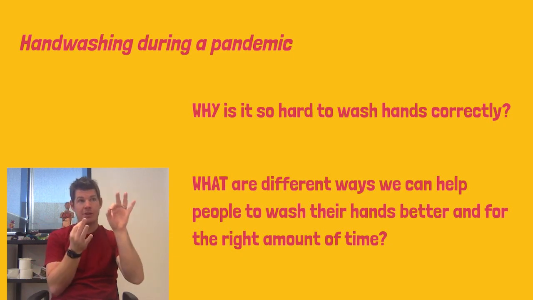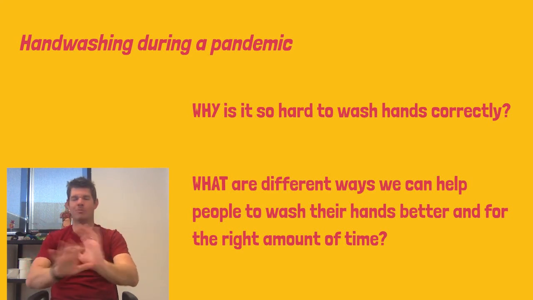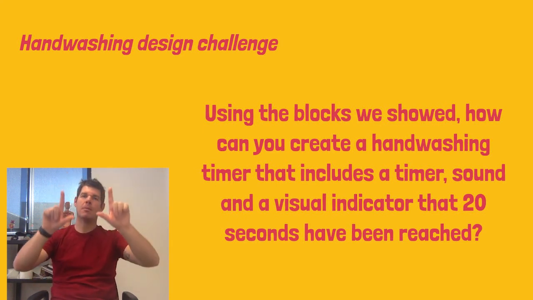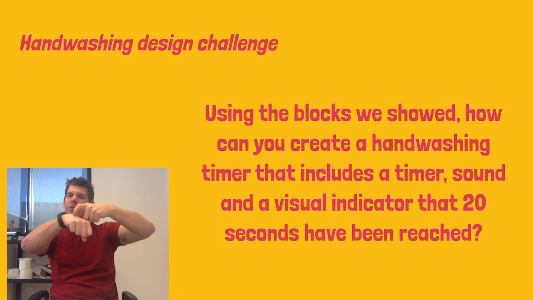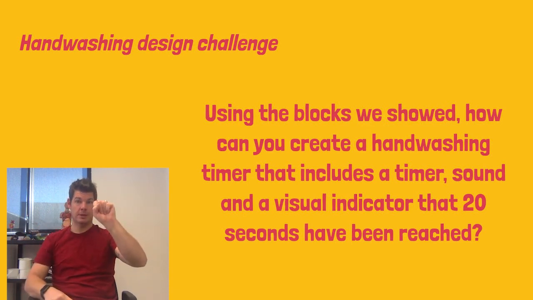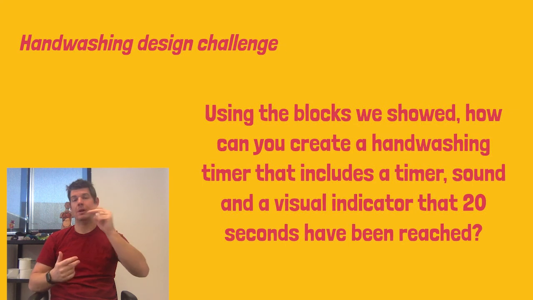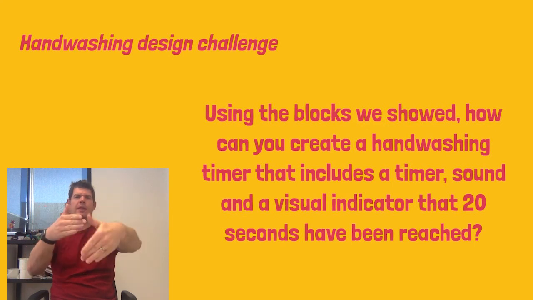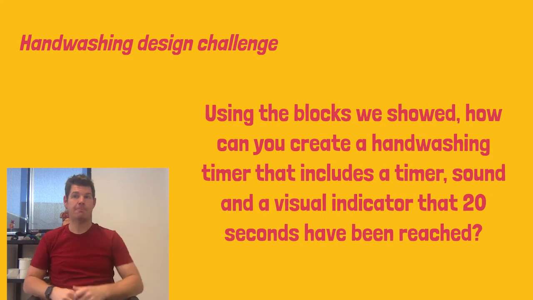And so what we want you to do for next week, and we're absolutely not going to call this homework, but the task that we're putting out there as a challenge for you to do for next week is to use the blocks that we showed as a starting point, but to create a timer that you could use if you had the device in front of you to keep track for 20 seconds, and then use a sound and a graphic to let you know that you've reached that 20 seconds, or that you've satisfied whatever it is that the device needs, something like that.